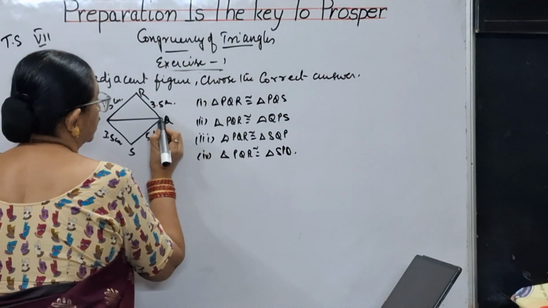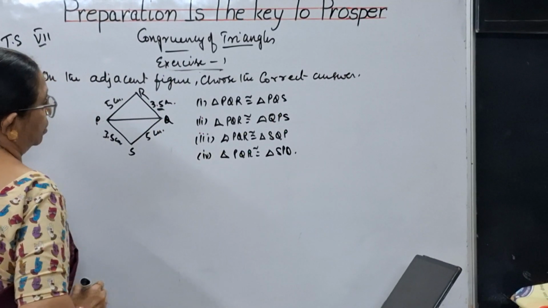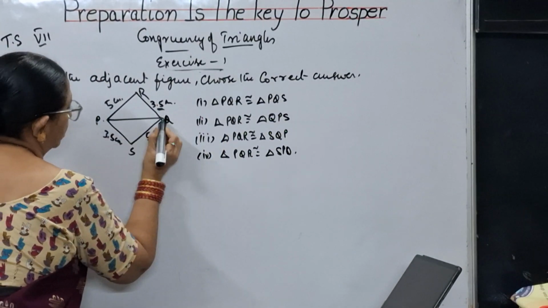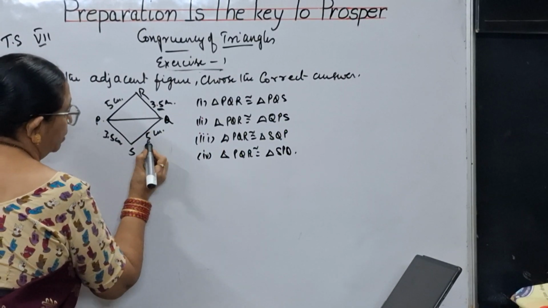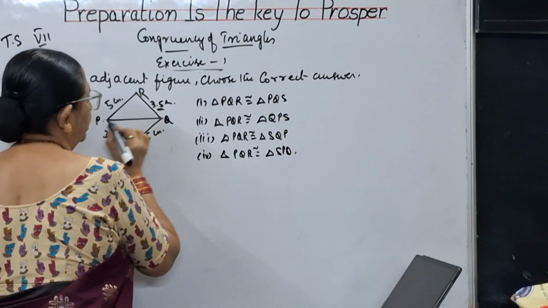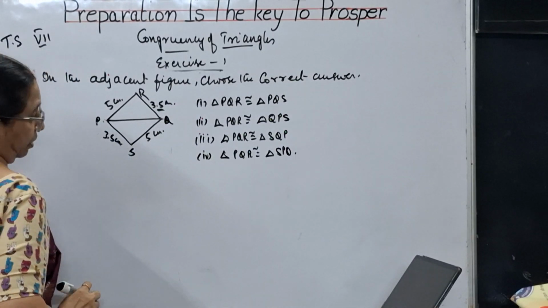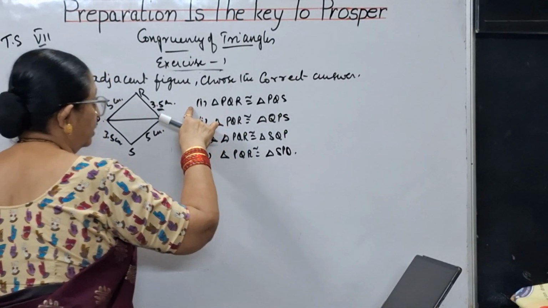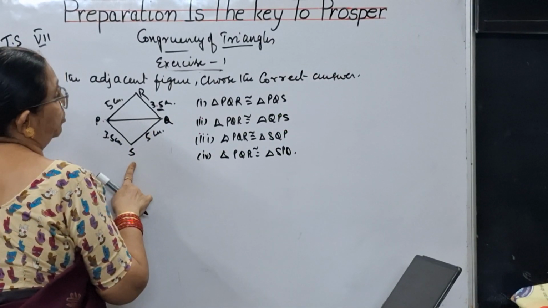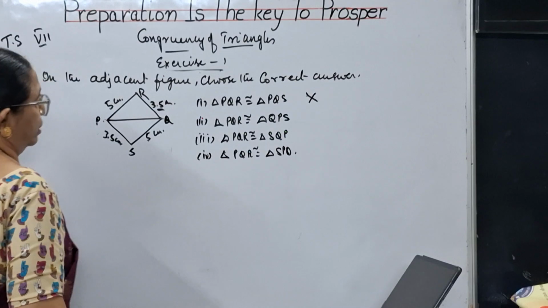But Q to R it has gone, which is 3.5. So when I say PQS, this becomes 5. Here PQR it has gone to R, which is having the measure 3.5. In the first figure, PQS, where QS is 5 centimeters. So you cannot consider this as the correct solution.